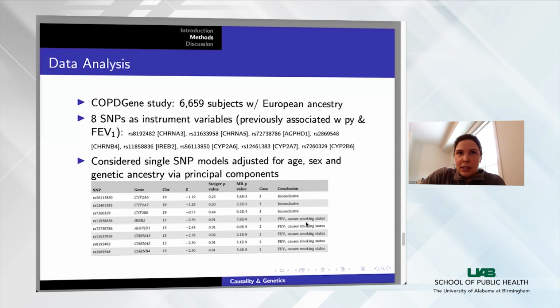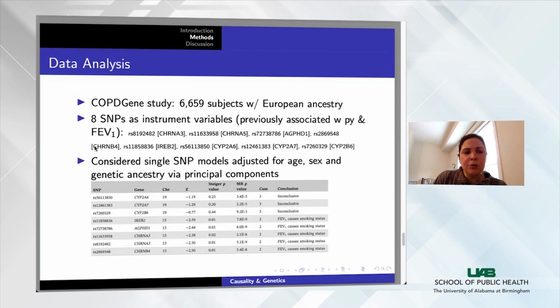So you would think that pack years would cause FEV1, that a long history of smoking would cause FEV1, but maybe not necessarily true. And the SNPs we were looking at, these CHRNA3 and 5 are in the chromosome 15 region.